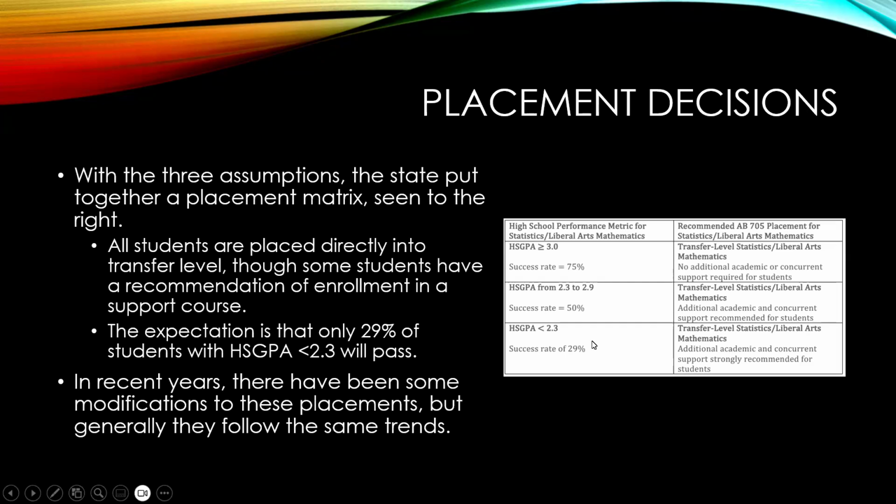And so instead of giving those students a course which might be at a more appropriate level, we are supposed to put them directly into transfer level and then let them fail repeatedly. In recent years, there have been some modifications to these placements, but generally they follow the exact same trends. And so this is the reality.